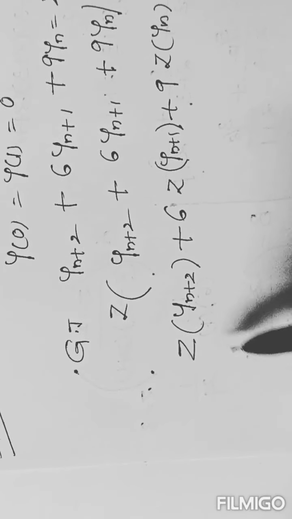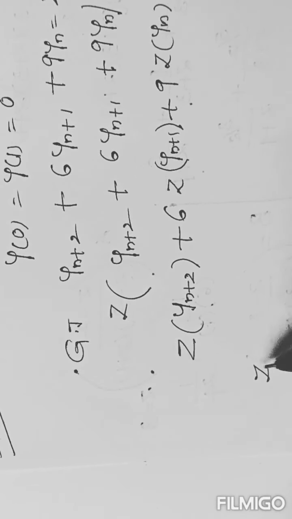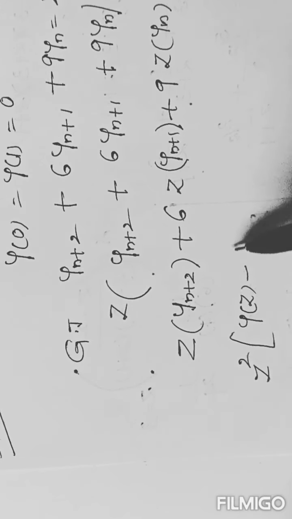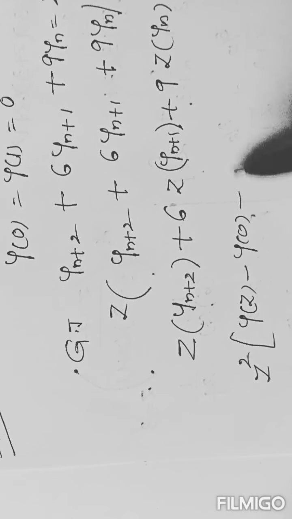After that, the formula for Z of y(n+2) is z square Y(z) minus z square y(0) minus z y(1).